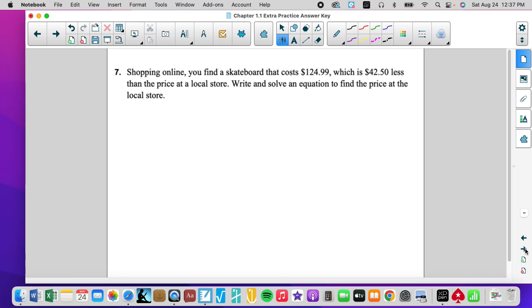So, shopping online, you find a skateboard that costs $124.99, that equals $42.50 less than the price at the local store. So we'll make that L for local store price minus $42.50, because this price is lower, $42.50 lower than the local price.